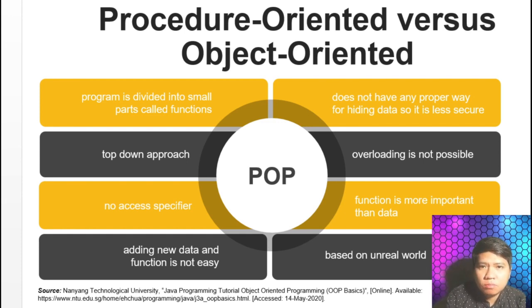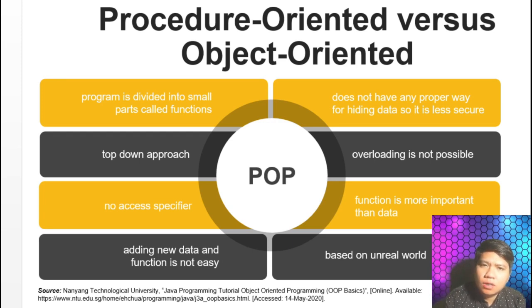It follows top-down approach. Again, that is from general to specific, from the general requirements down to specific. Overloading is not possible. So when we say overloading, it is the way you create multiple functions of the same name, or the way you create another class which inherits a class and creating an overloaded function of that class. It does not have access specifier.